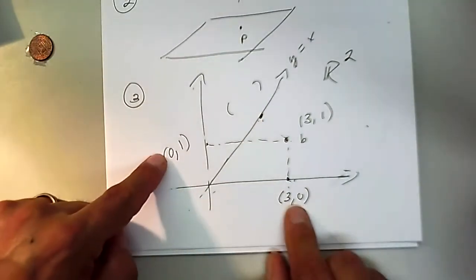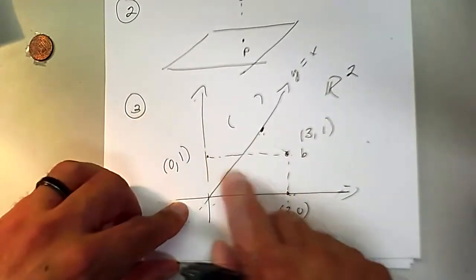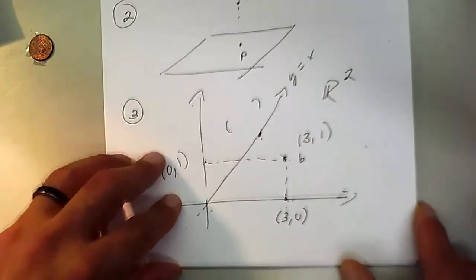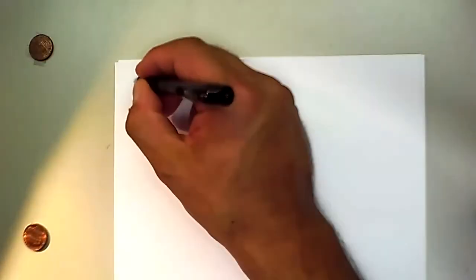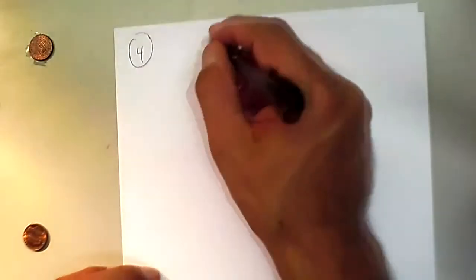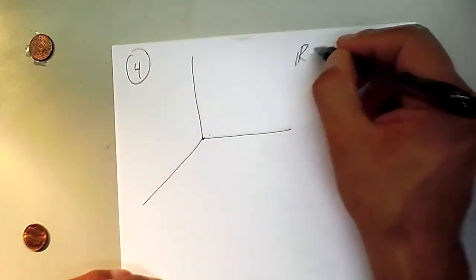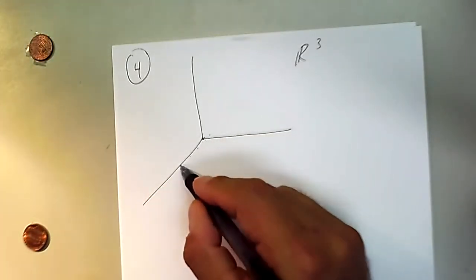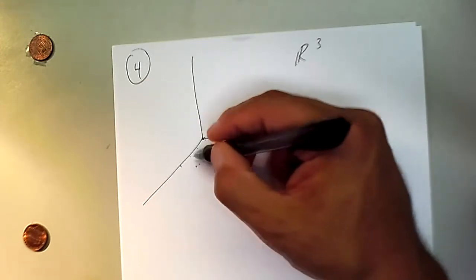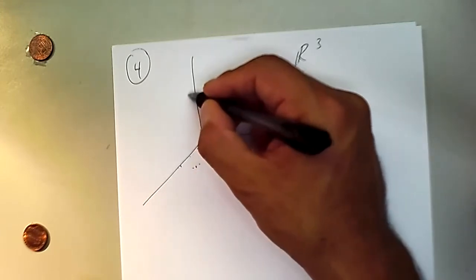Now, mind, doing those two is not too hard. Something that is not perfectly on the x-axis or the y-axis will be more difficult. Example 4. Let's say we are in 3 dimensions, so this is R cubed. And let's do 3, 1, and then 5.